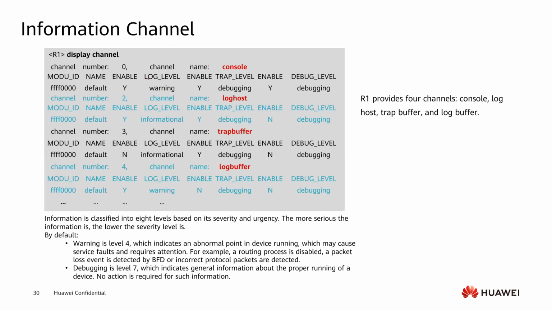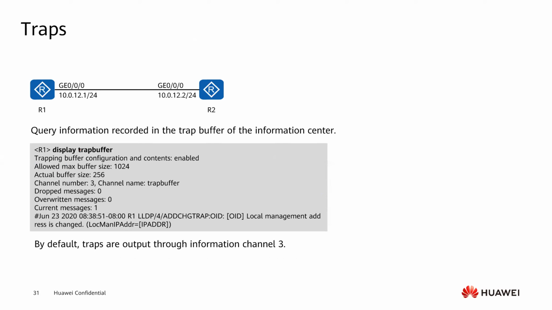We display channel, so we can see the channel name of the device and the severity level. And this is the trap we see in the trap buffer.